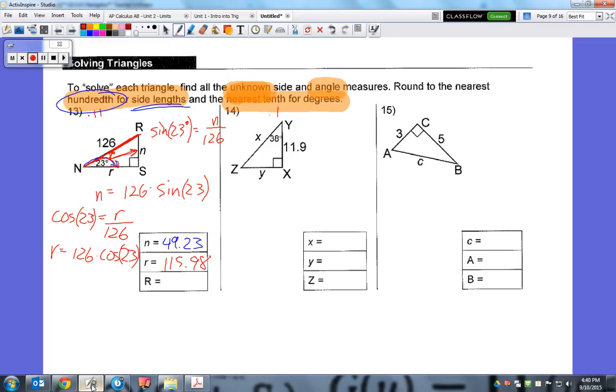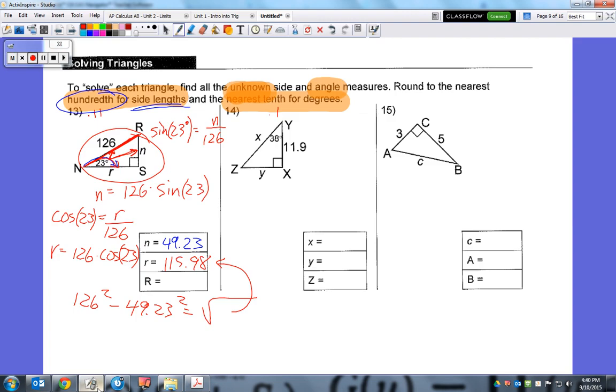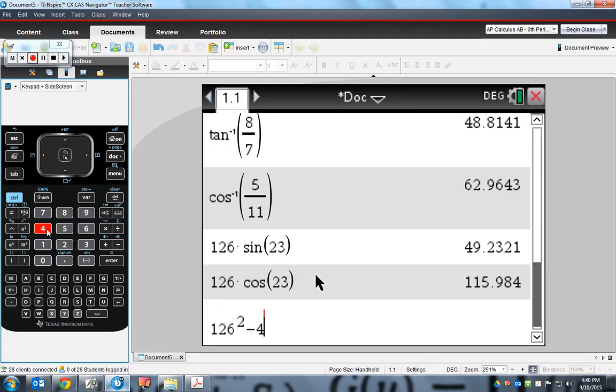115.98. Again, let's see what would happen if I use the Pythagorean theorem. That means I should get 115.98 if I did 126 squared minus 49.23 squared, and then square root that answer. So 126 squared minus 49.23.